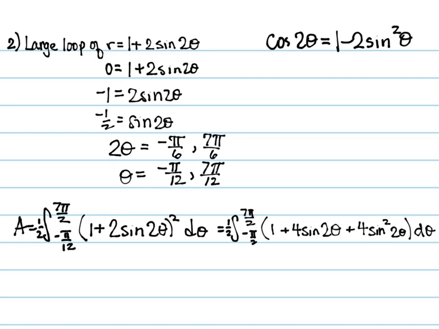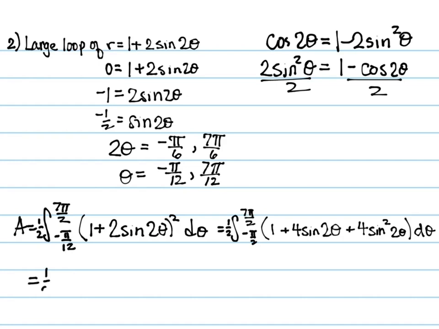So if we change this around a little bit, we can get the sine squared in our function to be a double angle instead of a squared sine. In particular, I can change this so that 2 sine squared of theta is equal to 1 minus cosine of 2 theta, and divide it by 2. So that's the power reducing for sine squared. So let's change that up a little bit. I still have the 1/2 out here in front.